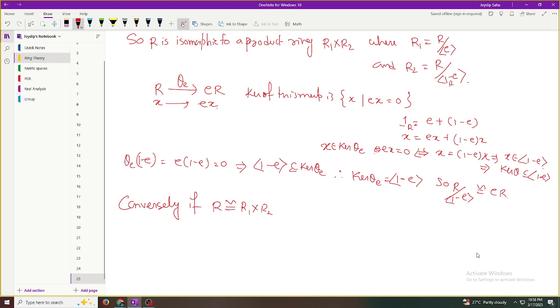Thus it is a subring of R. So ER is contained in R, right? Similarly, R mod ER is isomorphic to (1 minus E)R.